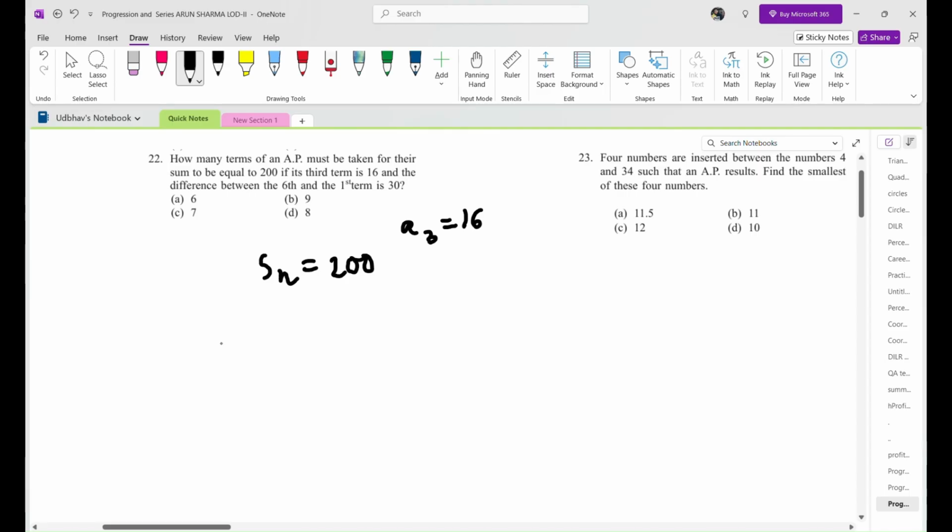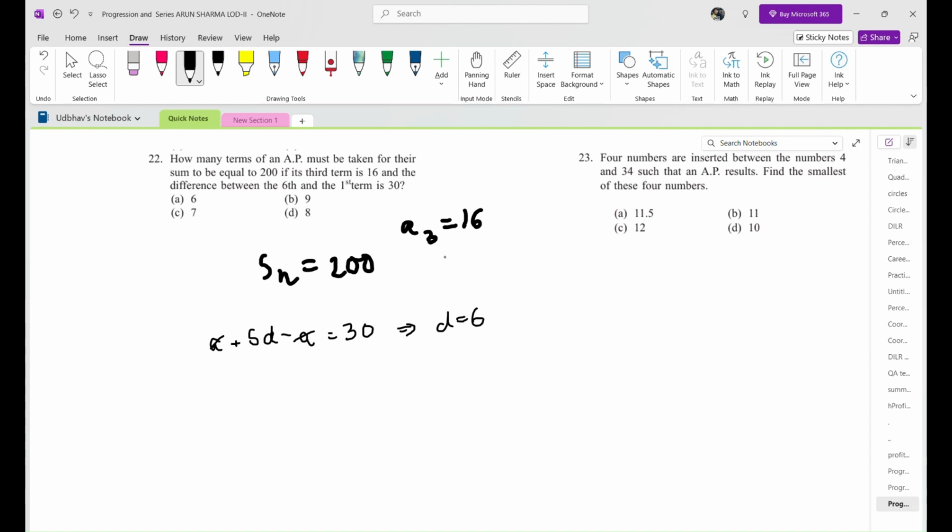So how can we write the sixth term? A plus 5D, and we are given the difference between the sixth and the first term is 30. So from here we got 5D equals 30, so D equals 6.